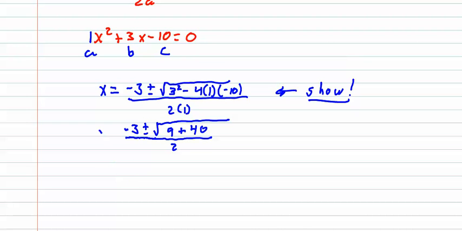So then we have x is equal to negative 3 plus or minus the square root of 49 all over 2, or negative 3 plus or minus 7 all over 2.